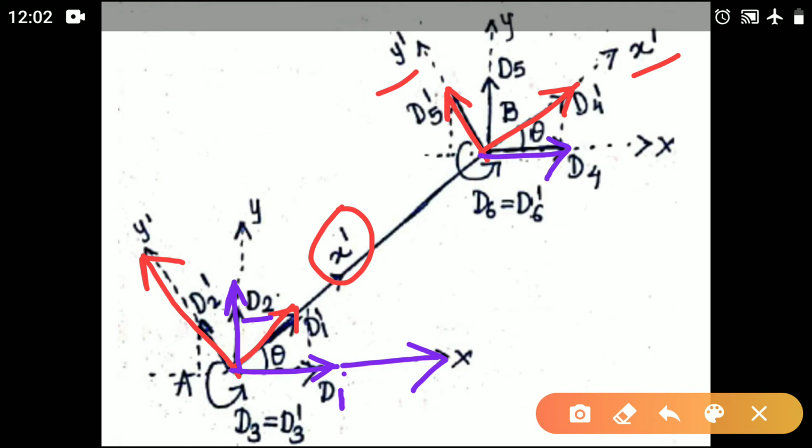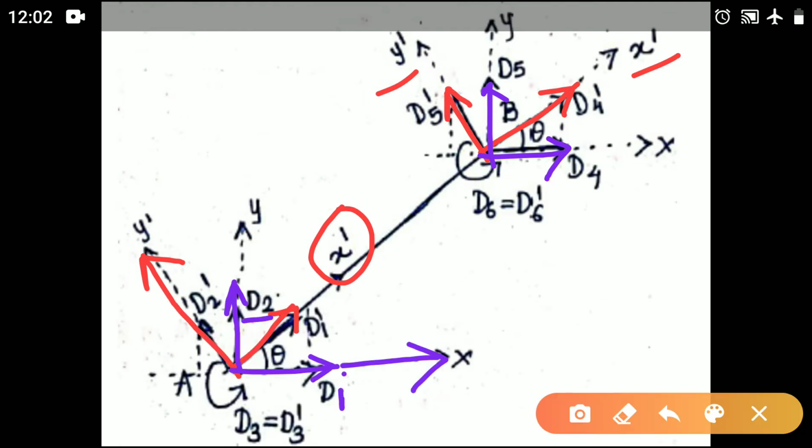Similarly d4 is displacement in the x direction in global, and d5 is displacement in the y direction in global. So the very first thing is to write all these degrees of freedom in their respective coordinate directions.